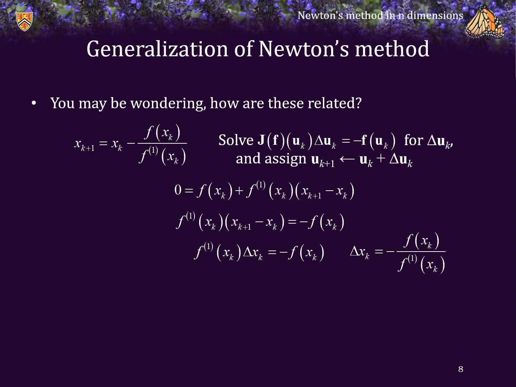We can just divide both sides by f prime. So now xk plus 1 is xk plus this delta xk, which was what we found there. In other words, xk plus 1 is xk minus f at xk all over the derivative at xk.